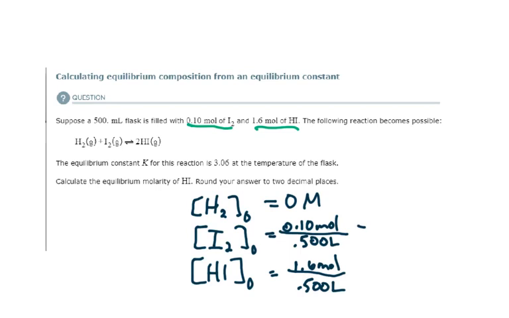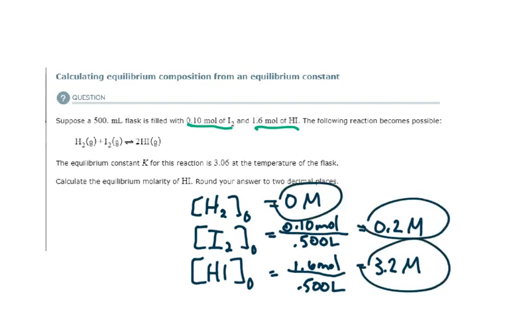So let's get our concentrations here. We have 0.1 divided by 0.5. That is 0.2 molar. We have 1.6 divided by 0.5. That's 3.2 molar. Okay? We have our beginning concentrations. Here they are, our initial concentrations. Let's plug these into the ICE table. Okay?